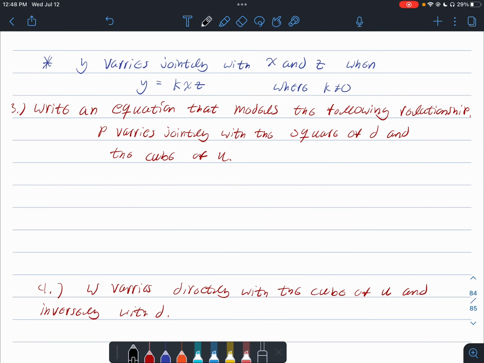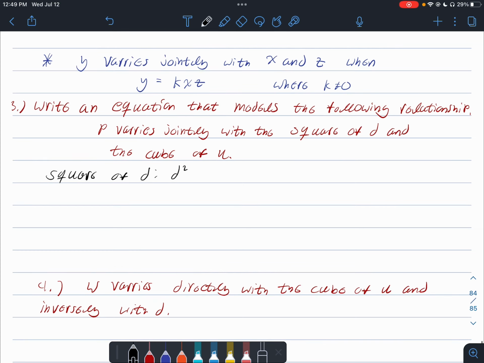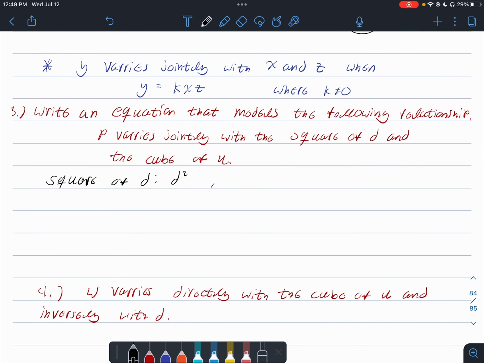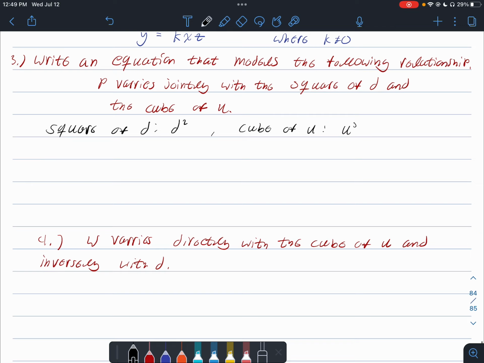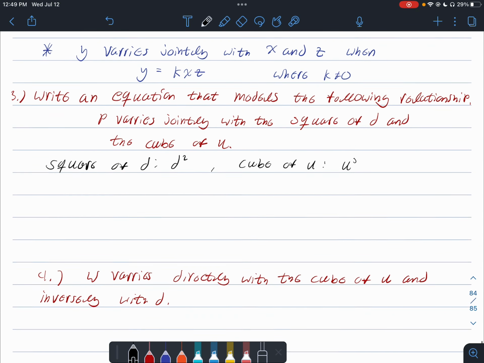So when we say the square of D, we can think of this as just D squared. Not something you want to overthink here. And same thing for the cube of U, we can write this as U cubed. So if we say that P varies jointly with the square of D and the cube of U, we can use our joint variation property here, where y is equal to k times x times z.